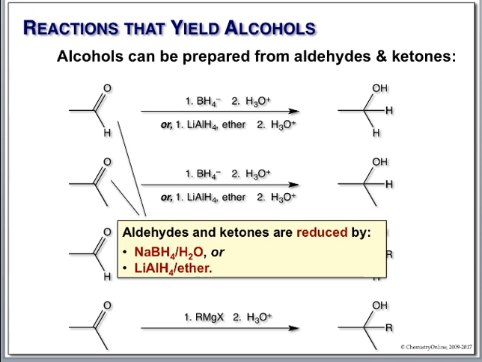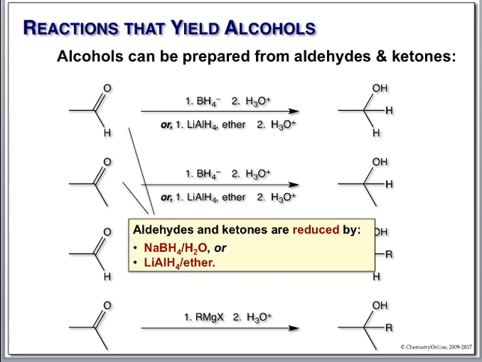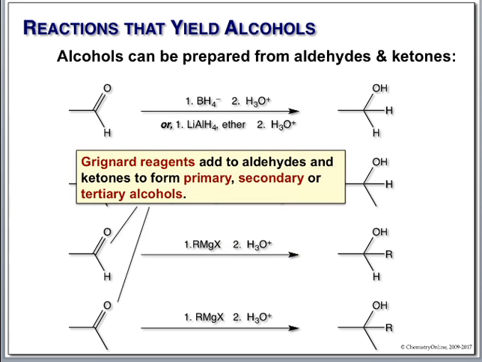So it's really, really volatile. Not only that, but it's very flammable and explosive. So kind of a bad reaction. Grignard reagents add to aldehydes and ketones. We'll see primary, secondary, or tertiary alcohols.